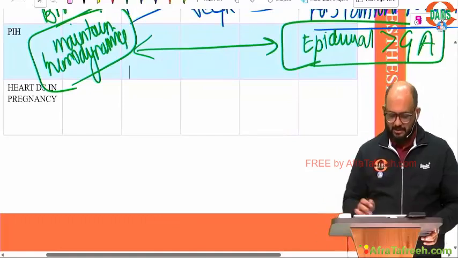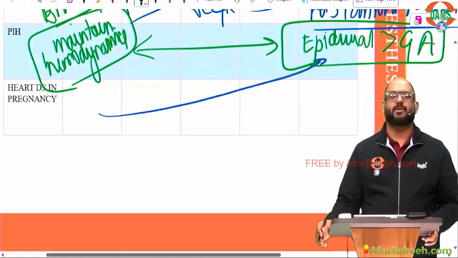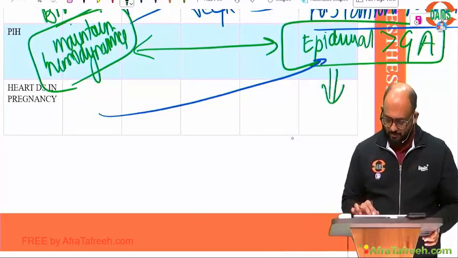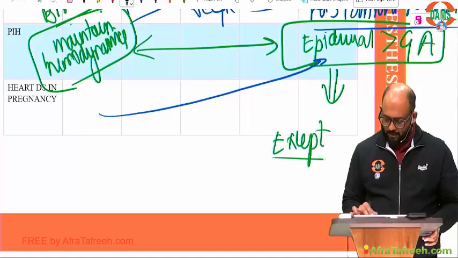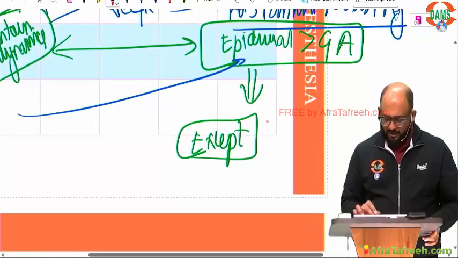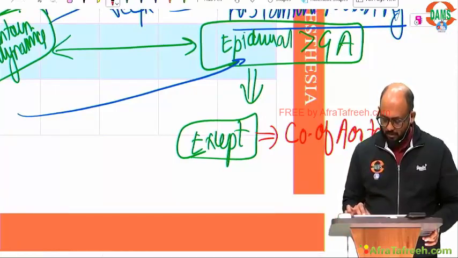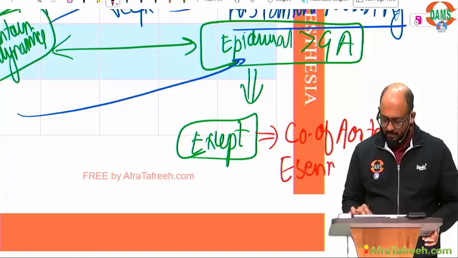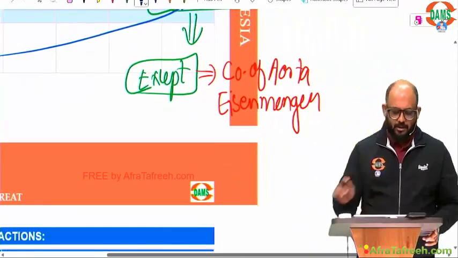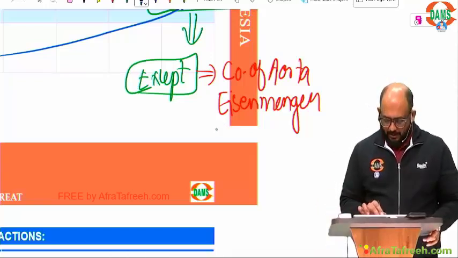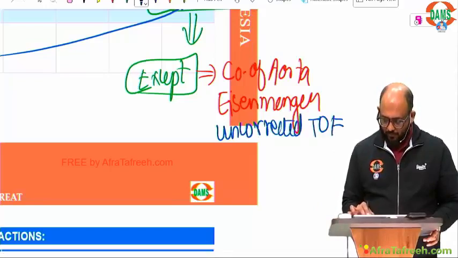Heart disease in pregnancy, again epidural over general anesthesia, except there are few conditions where you prefer GA, that is coarctation of aorta, Eisenmenger syndrome, and uncorrected TOF.